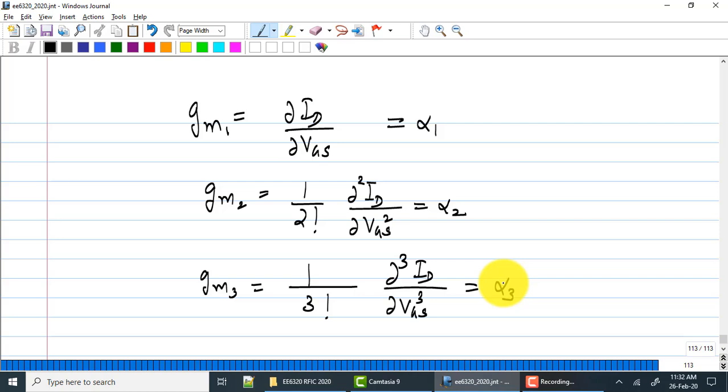In dBm terms, for example, if your transistor has an IIP3 of something like 0 dBm, minus 10 dBm, etc., typically resistors, capacitors, inductors, etc. will have IIP3s of the order of plus 50 dBm, plus 40 dBm, plus 60 dBm, etc. They are several orders of magnitude better, which is why we normally assume that they are purely linear.